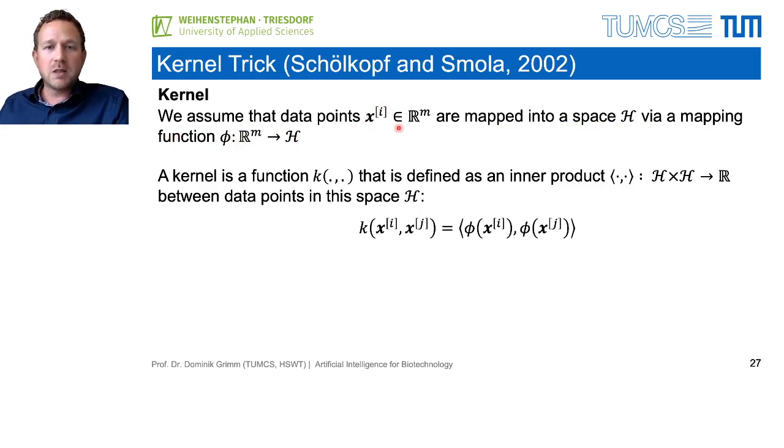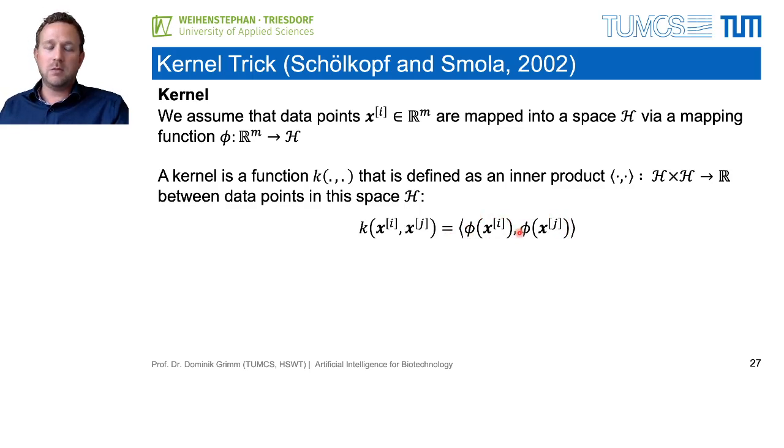So phi maps this data point into this space. A kernel function k is now defined as the inner product between data points in this space H. So a kernel function k of xi, xj is nothing else than the inner product of the feature transformation of xi and the feature transformation of xj.